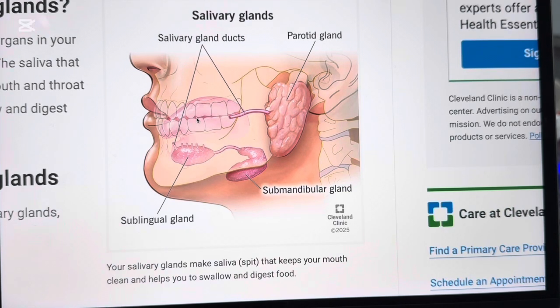Not only that, your mouth will dry up, chewing and swallowing will become difficult. All right, you may lose a sense of taste, and it may increase the risk of dental problems. So you see, it's very important to take care of our salivary glands.